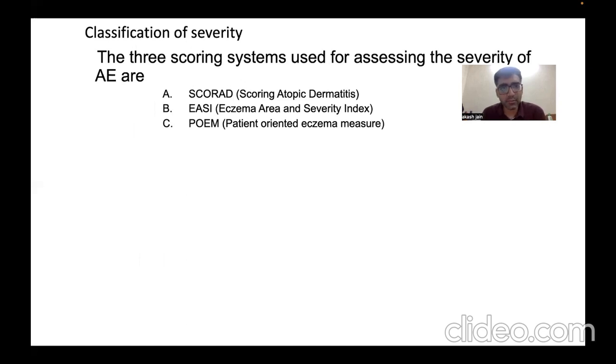So the classification of severity in atopic dermatitis. Three scoring systems are used for assessing the severity. That is SCORAD, scoring atopic dermatitis, eczema area and severity index, and patient oriented eczema measure, that is POEM.